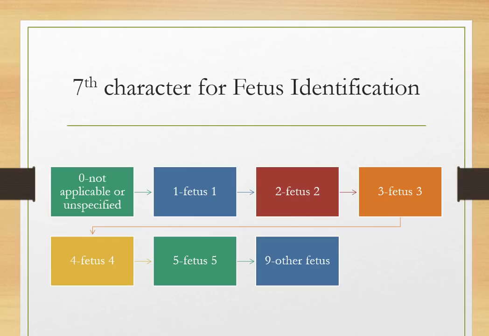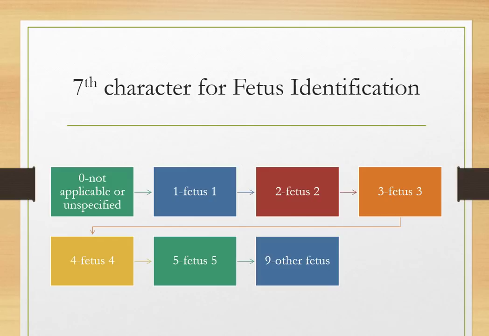Where applicable, a seventh character is to be assigned for certain categories, and those categories are represented in the guidelines, to identify the fetus for which the complication code applies. Watch this, guys.